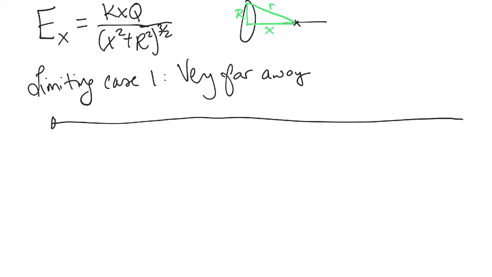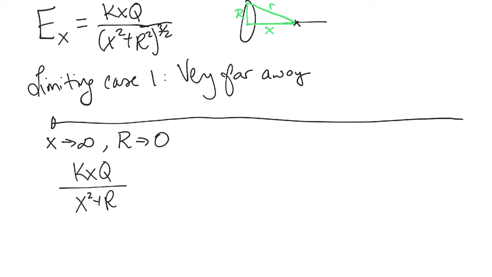How do we mathematically describe this? x is going to infinity, compared to capital R. So when we see kxQ over x squared plus R squared, let's look down here.